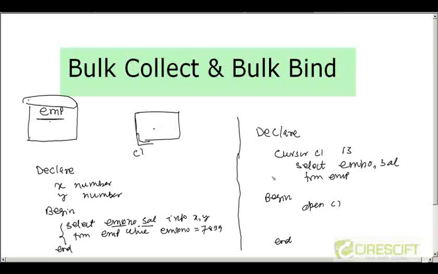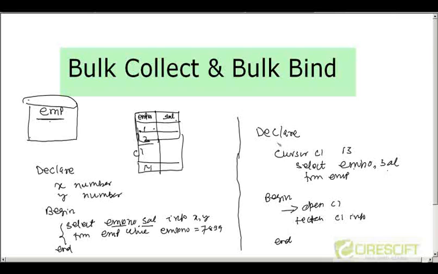Whenever we do open C1, that is the time we get employee number and sal of the EMP table into this SQL area. Assuming that there are 14 rows in the employee table, I have 1, 2, up to 14.